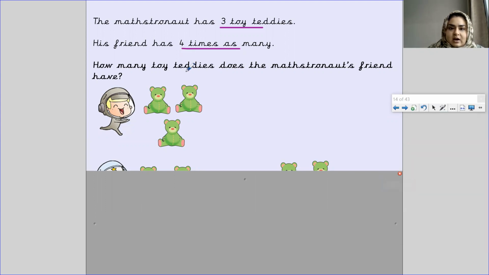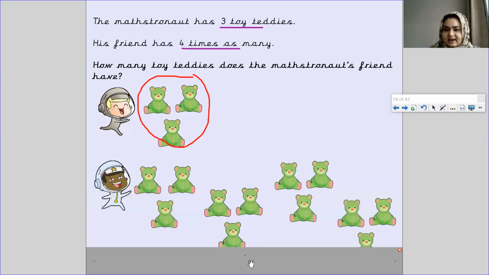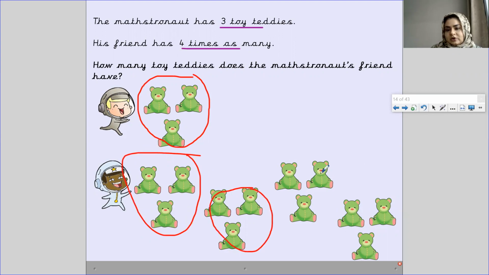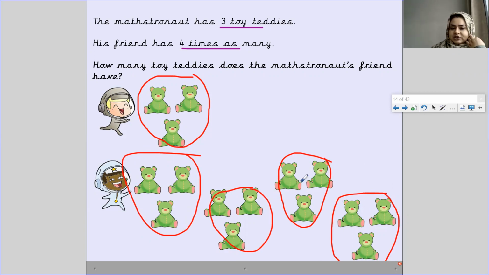Okay, so here are his 3 teddies, and we know that his friend has 4 times as many, which means we need 4 lots of the teddies. So 1, 2, 3, and then 4. So your answer should have been 12. 3, 6, 9, 12, because he had it 4 times.